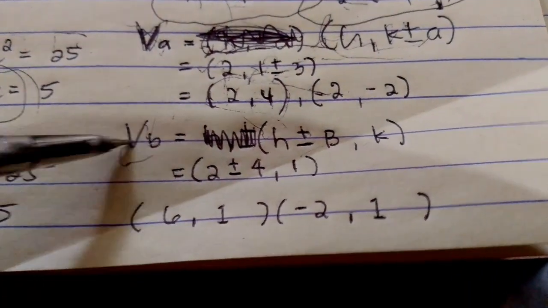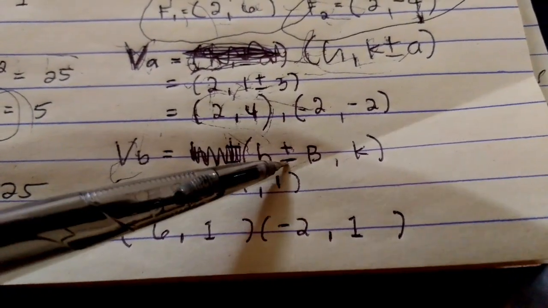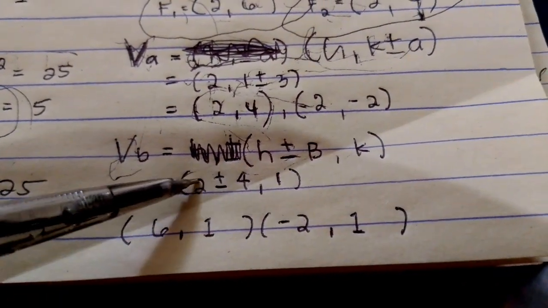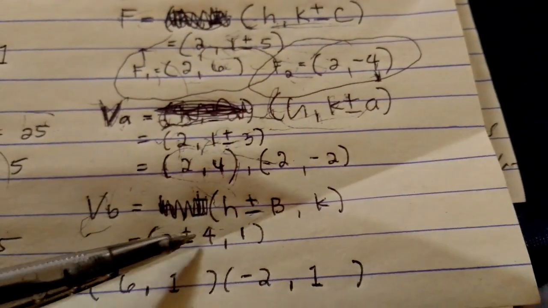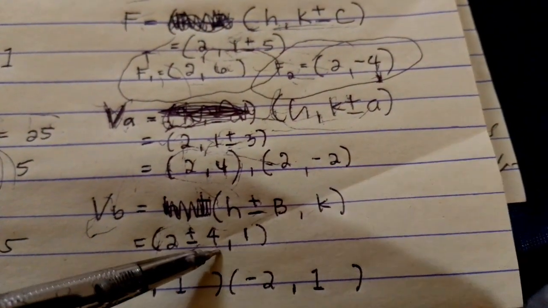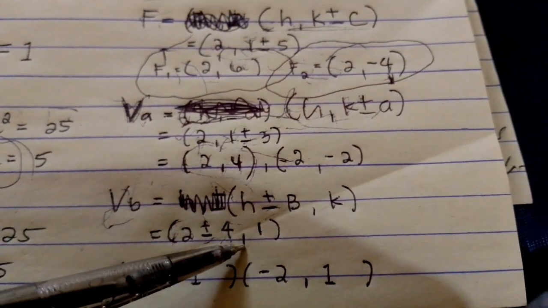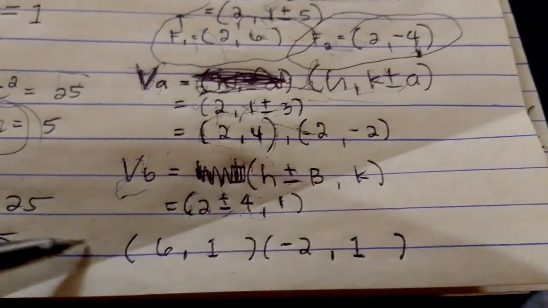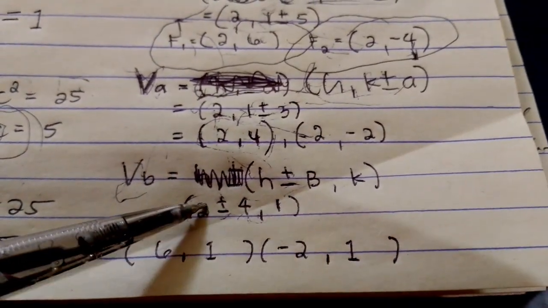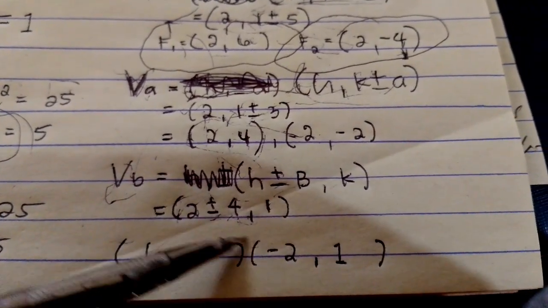The vertex B is (h plus or minus b, k). Substitute: our h is 2 plus or minus our b, which is 4, and our k is 1. Now 2 plus 4 equals 6, comma, copy the 1.